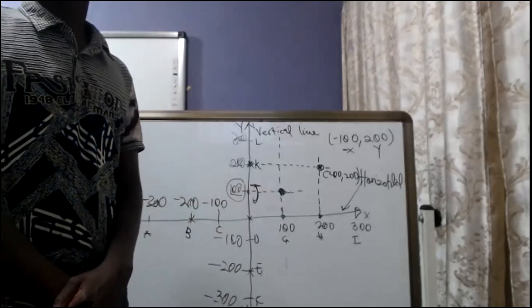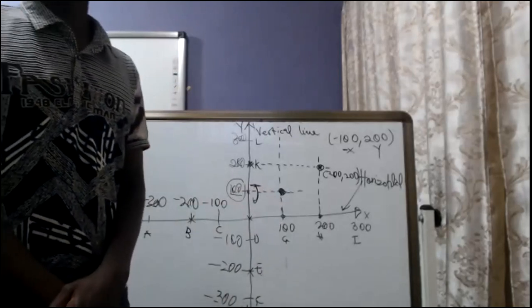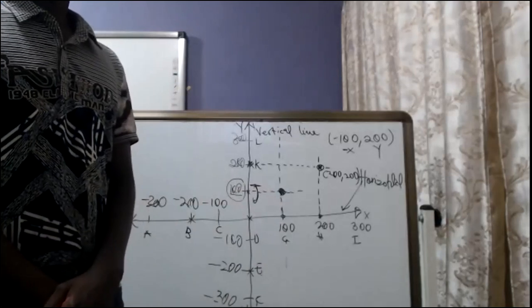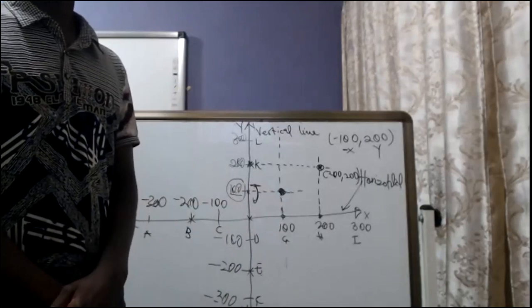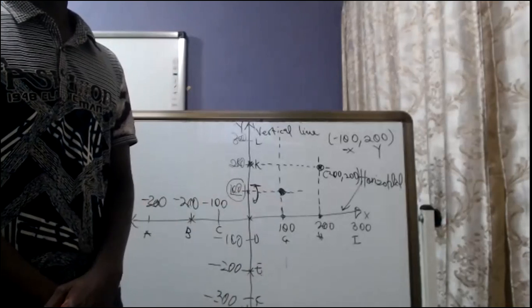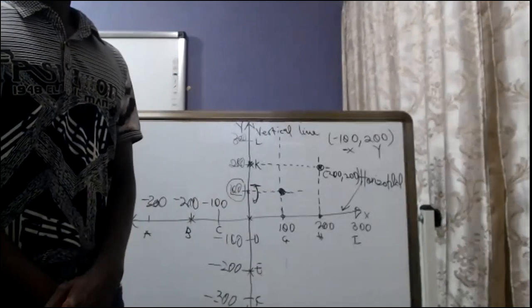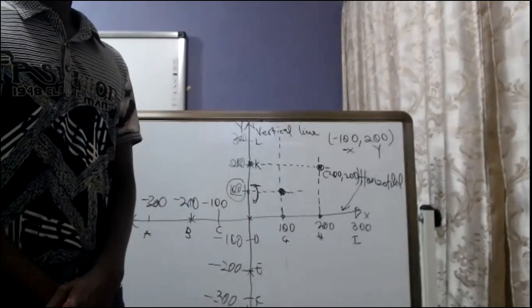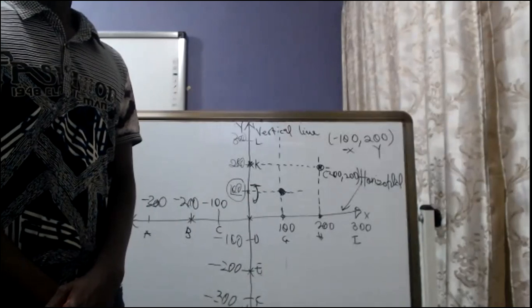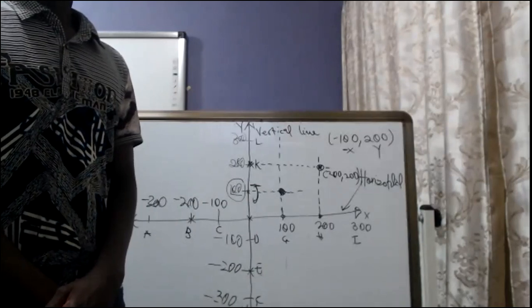Show me where negative 100 and 200 will be. For negative 100, who can mention the letter for me? Where is negative 100? On the x-axis. Where is it? On the x.